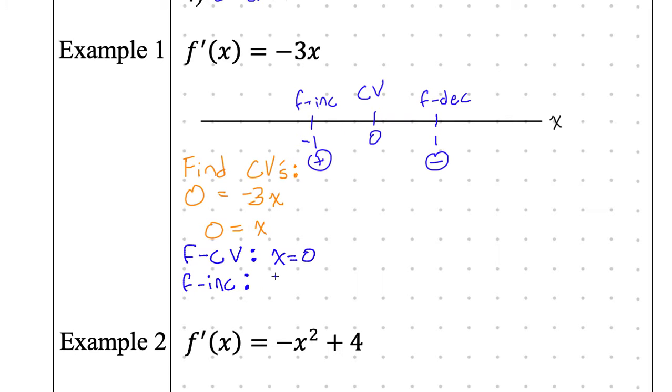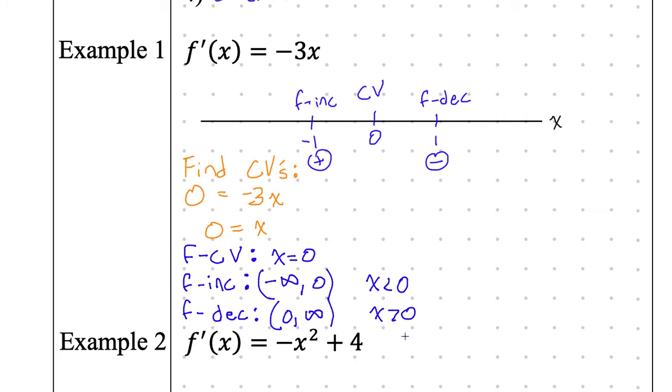Negative infinity to 0. There's your interval notation. If you like inequality notation, you can just say x is less than 0. And where is f decreasing? From 0 to positive infinity. Or you can say with inequality notation, x is greater than 0. Done. Nice, easy example to get us started.